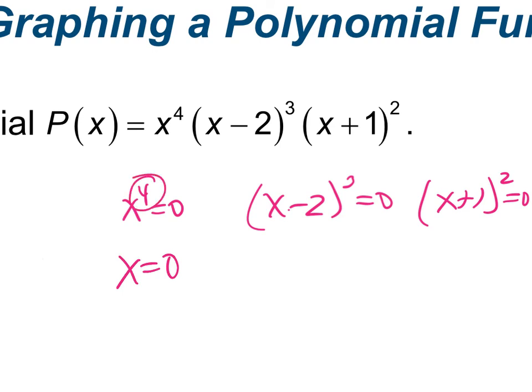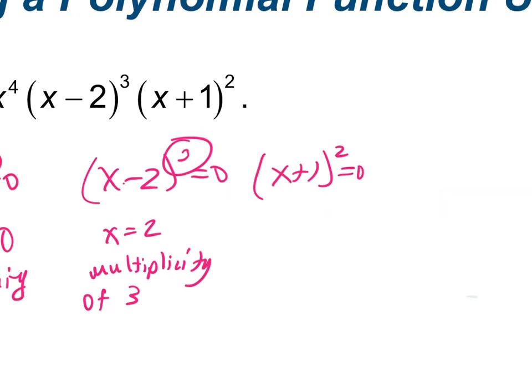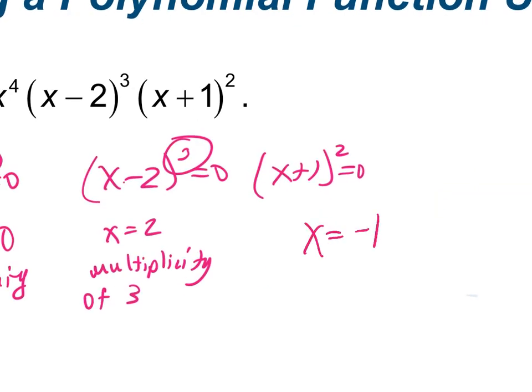How many times do I have x equals 0? 4 times. You'd have a multiplicity of 4. In this case, I'm going to solve this and I get x equals 2. What's the multiplicity? I'd have a multiplicity of 3. Over here, x equals negative 1. What's my multiplicity?